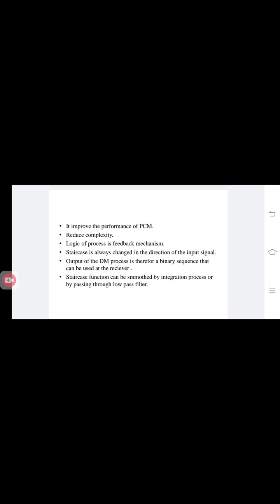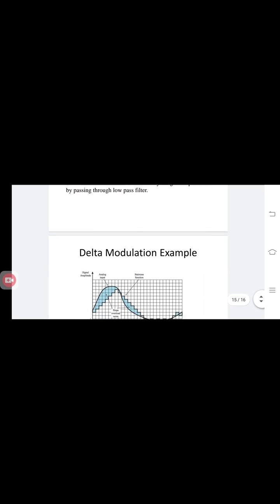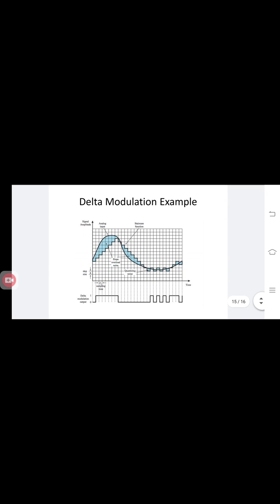At the receiver, it can be reconstructed into the original analog data. This staircase function can be smoothed by an integration process or by passing it through a low pass filter, same as in PCM.